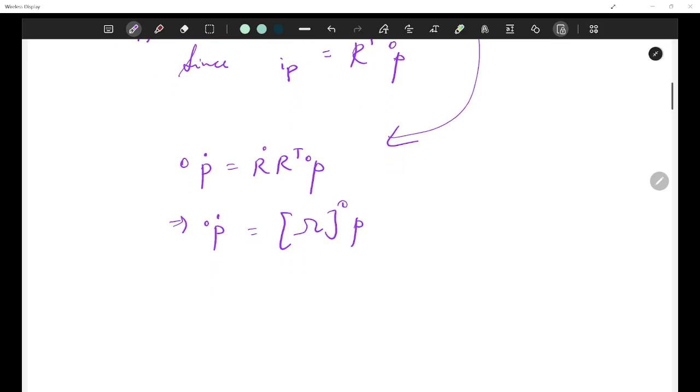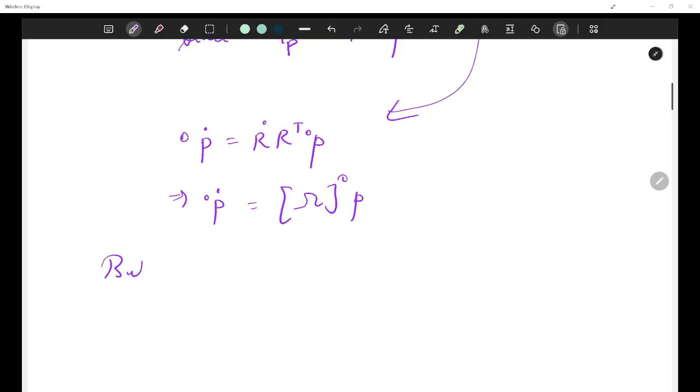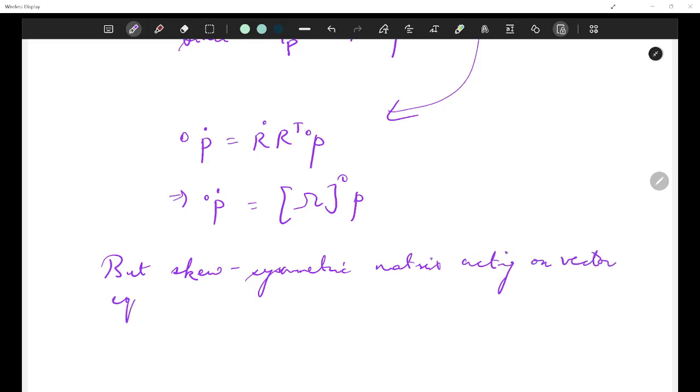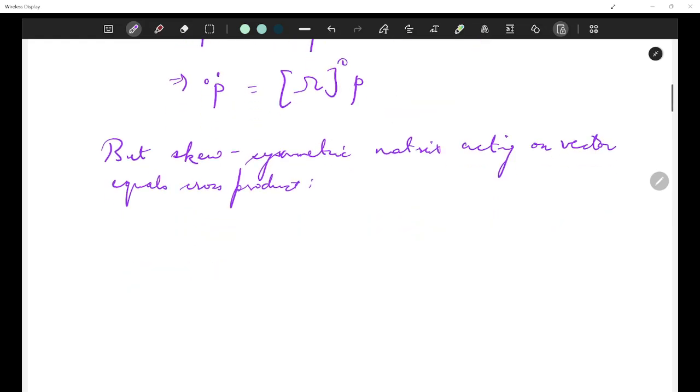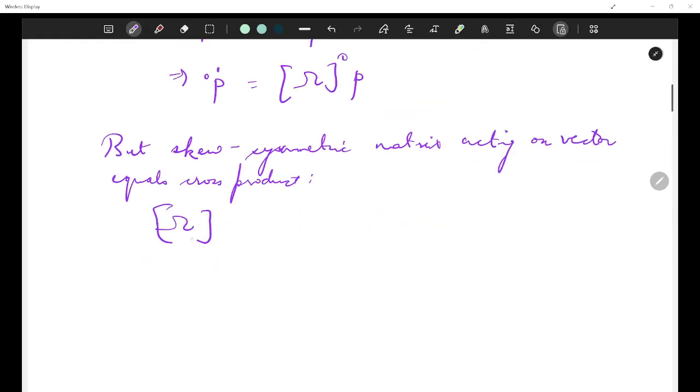But we know another thing, that a skew symmetric matrix acting on a vector equals cross product. Okay, which means this omega into p would be equal to omega cross p.